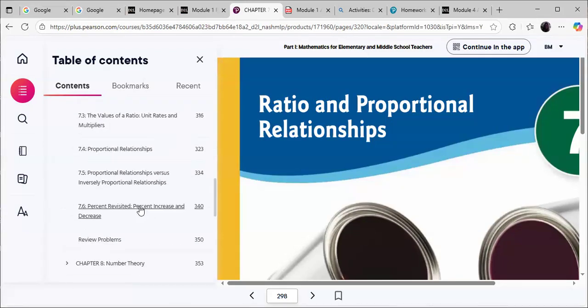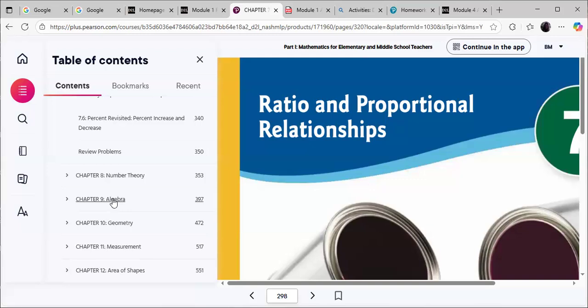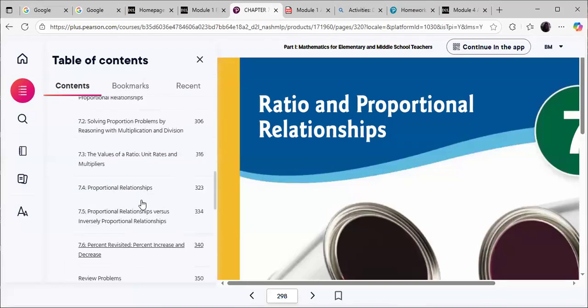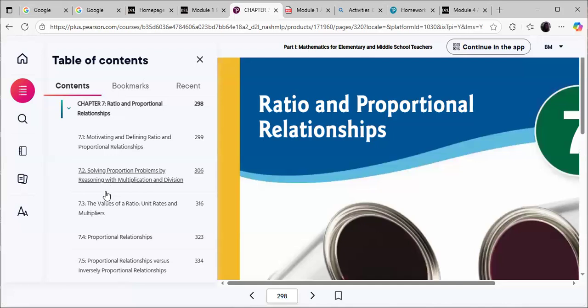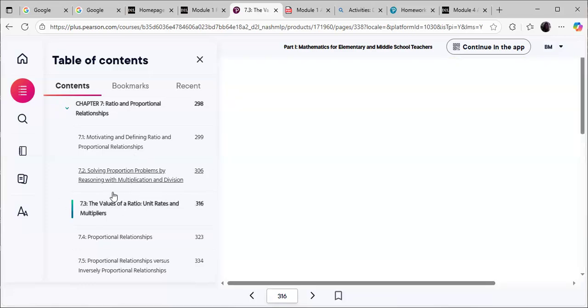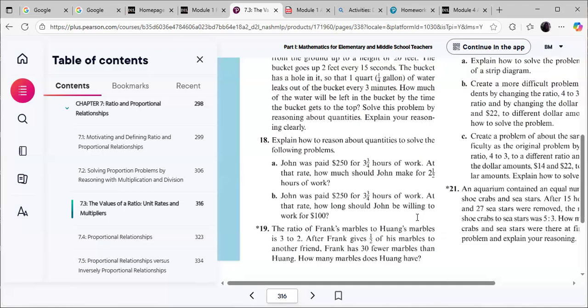And you're going to go through there, and then you're also going to go through algebra in chapter 9. So you can just click to a section. Once you're finished reading in one, you could go to the next one. Let's say I go to 7.3, the values of ratio with unit rates.